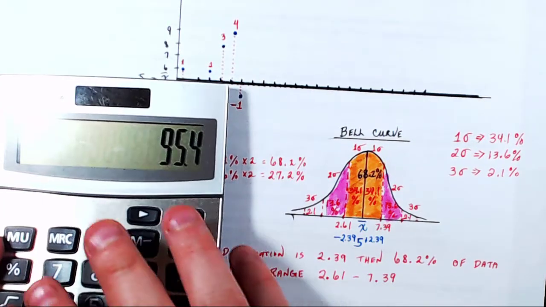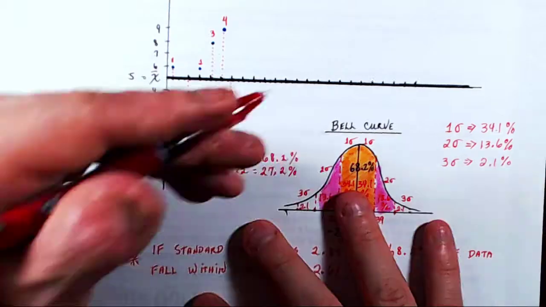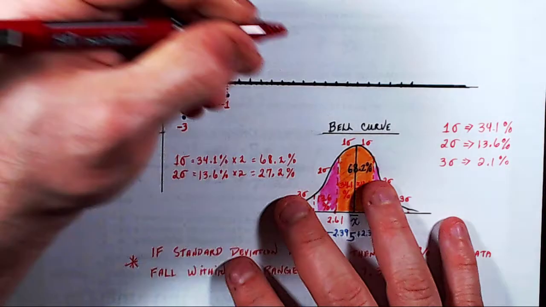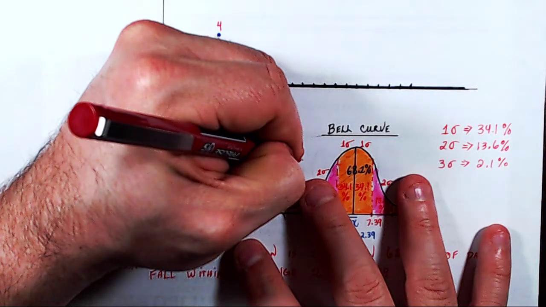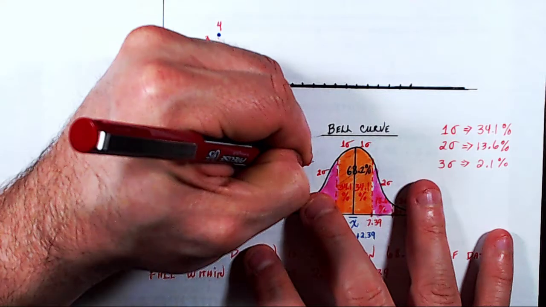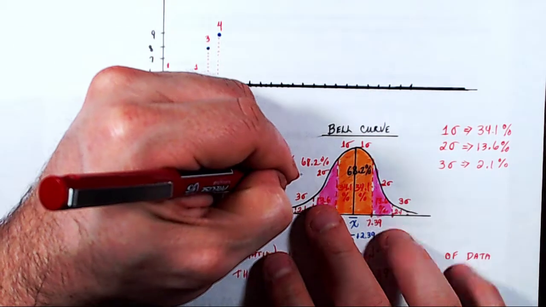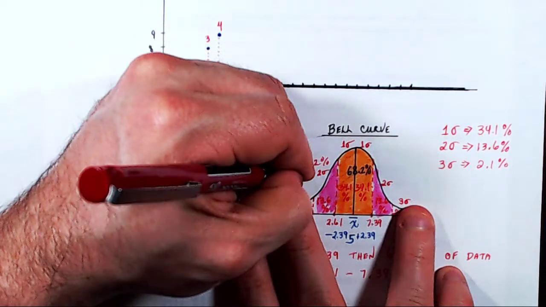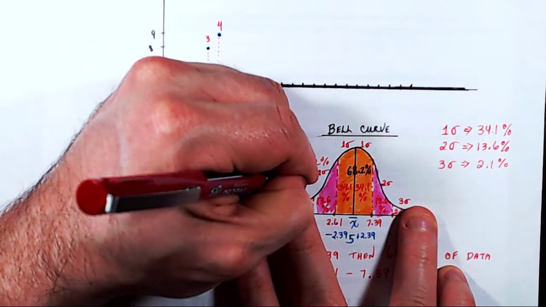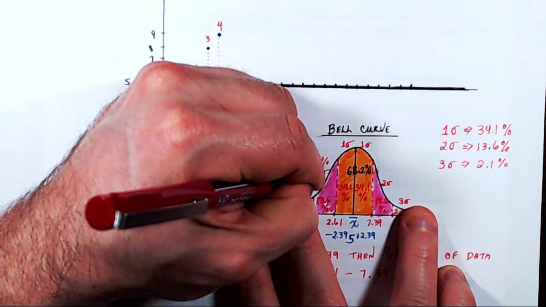That equals 95.4%. So the first standard deviation accounted for 68.2%. The second standard deviation, the total area, accounts for 95.4%.